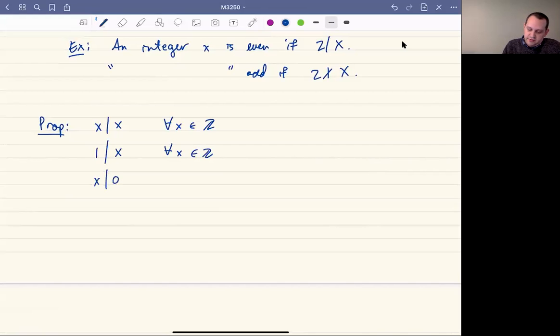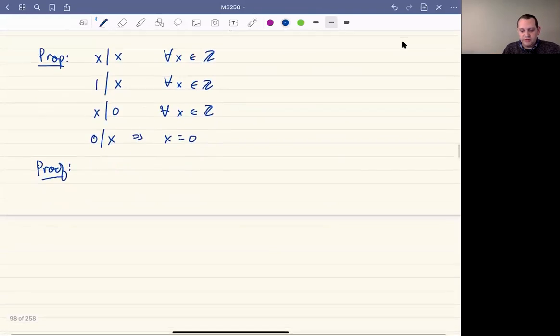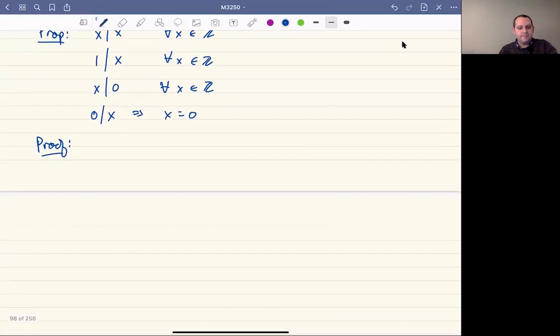Every integer divides 0, so again for all integers x. And if 0 divides some integer x, that implies that x has to be 0. In other words, if x is non-zero, then 0 does not divide x. I will leave it to you to prove all of these and think about how you could prove them. These are all really direct proofs, so there's a big hint there. I will leave the proof for you to fill in.